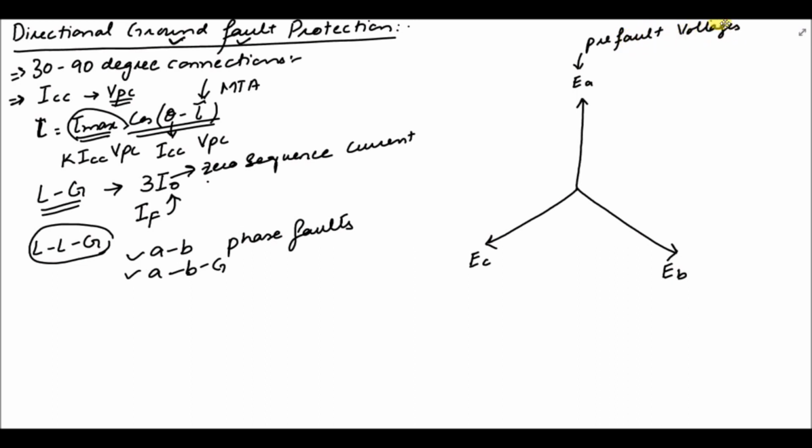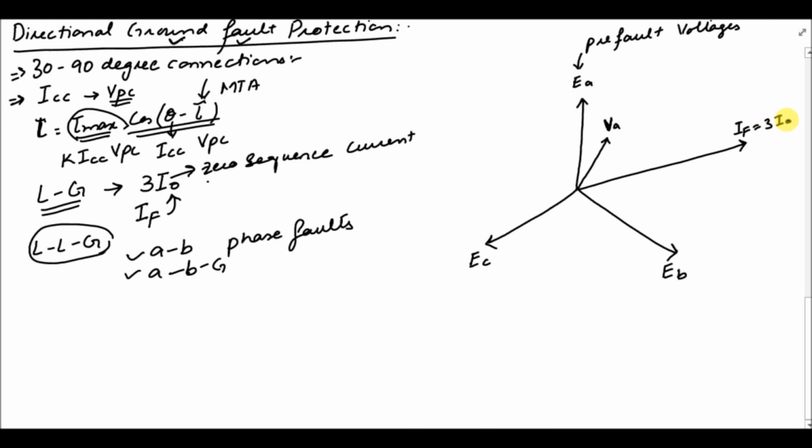Once the fault occurs, we have a voltage VA in the faulted phase, and the current IF equal to 3I naught flowing through that particular phase.